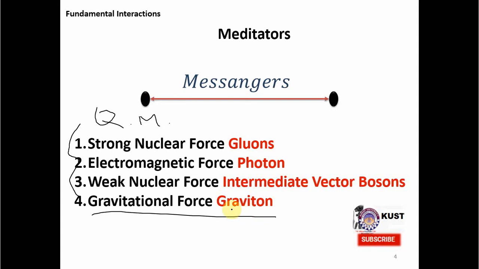So it is not confirmed, but still to make the story complete we say that gravitational force has a mediator graviton. So we have now mediators or messenger particles for all our 4 forces.